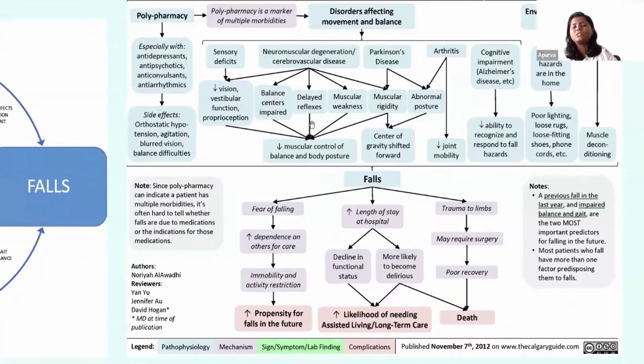So this is what we've just discussed, that falls are associated with increased fear of falling, increased hospital stay, and trauma to the limbs. This in turn increases dependency, immobility, and your patients are more vulnerable to falls in the future. So recurrent fall history increases henceforth.